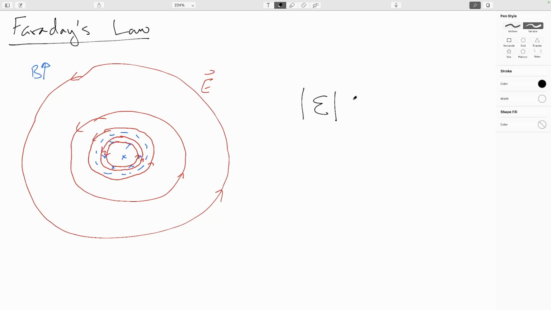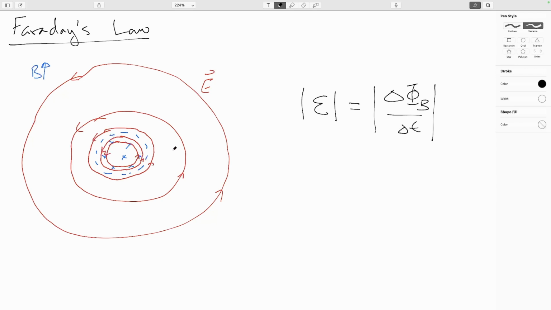So anyway, what turns out to be the case is that if I shove a charge around for one lap, the EMF that we have, which is the work per unit charge that we would be shoving around, will be equal to the time rate of change of the magnetic flux. Now, like I said, you aren't going to have a perpetual motion machine, but we can increase the amount of the EMF.